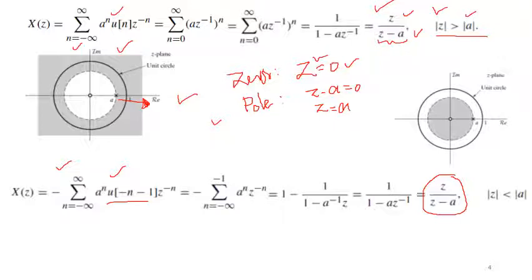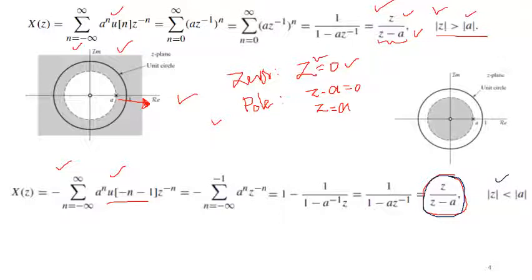But the unique thing is that its region of convergence is inside, the interior. So the pole-zero diagram for both of these signals will be the same, the location of the pole, because in this case we have one zero at 0 and one pole at this particular location.